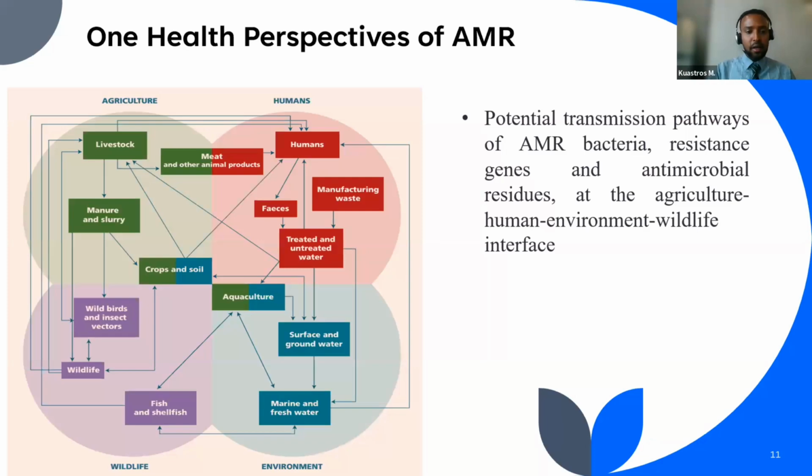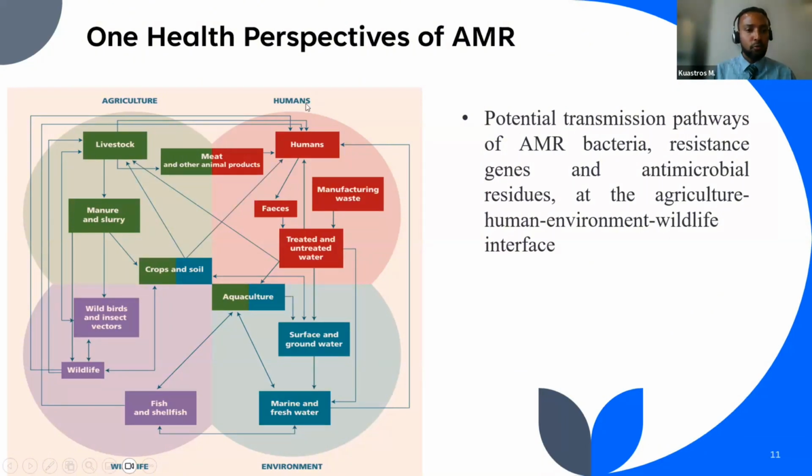I mentioned at the beginning that the One Health perspective is really a good approach to mitigate this threat of AMR. As you can see, from the agriculture side, the human side, and also the environment side, there is a link. So there are so many pathways for resistant pathogens to transmit.